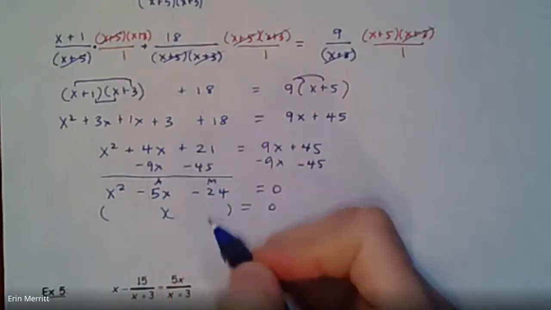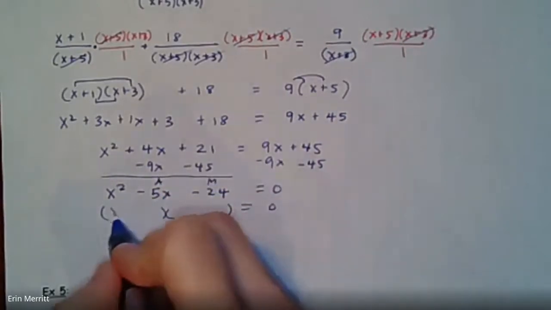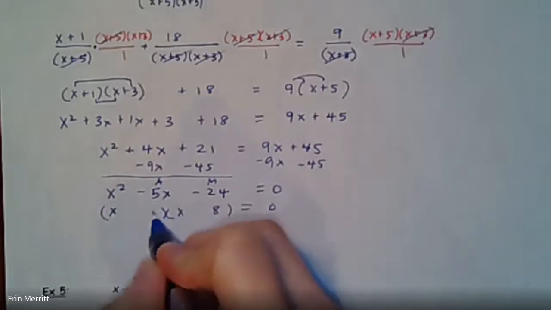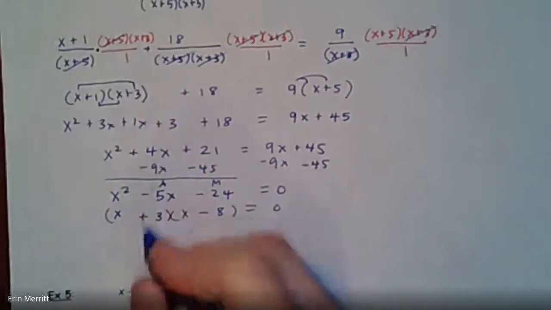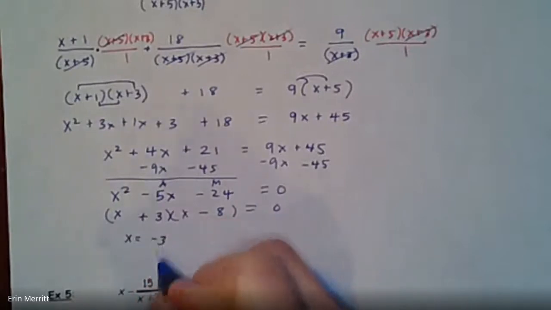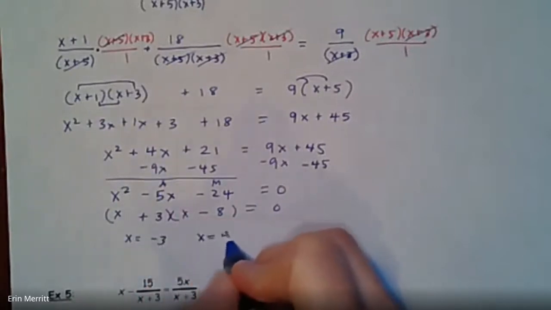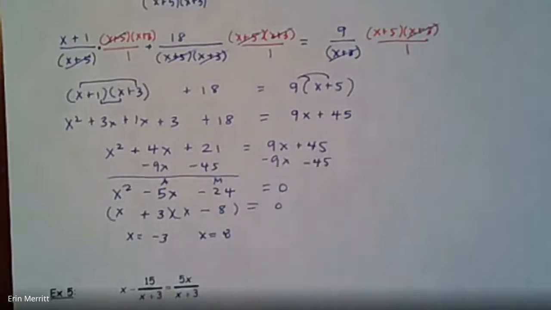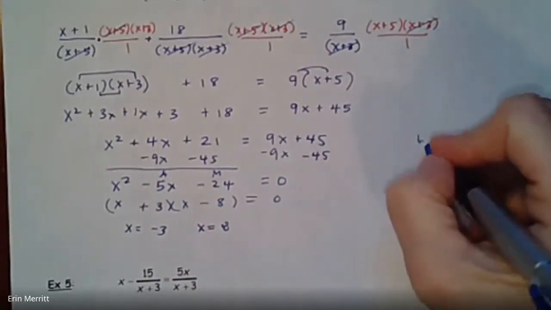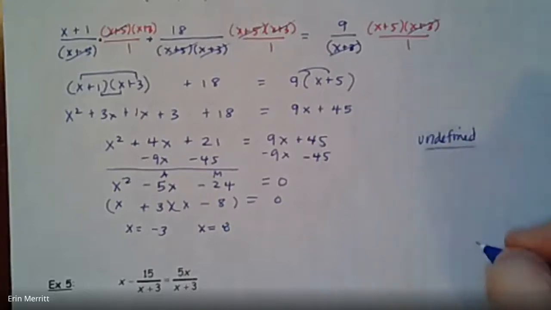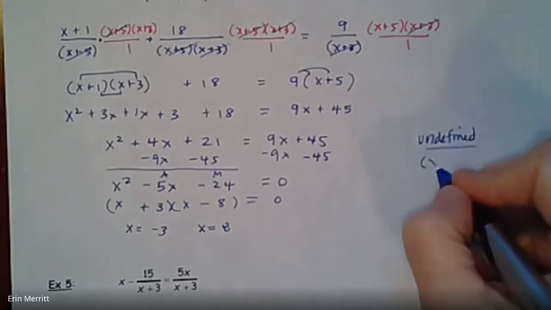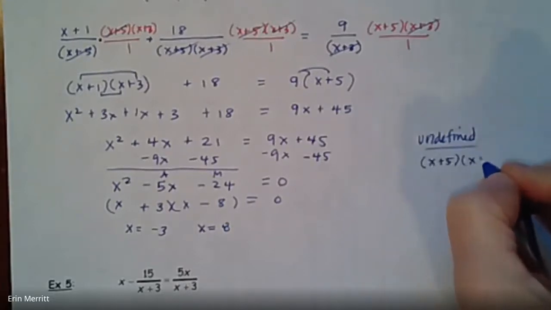What adds to negative 5, multiplies to negative 24? Hopefully you're thinking 8 and 3. So we can go minus and plus, and then solve. So we get negative 3 here. We get positive 8 here. Before you box in that answer, don't forget, last little thing, where will this be undefined? So look at your denominators, which is your LCD essentially.